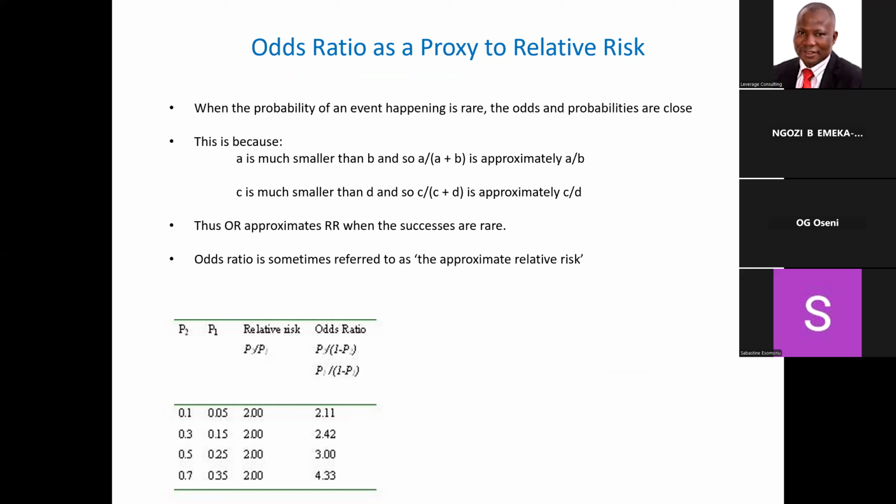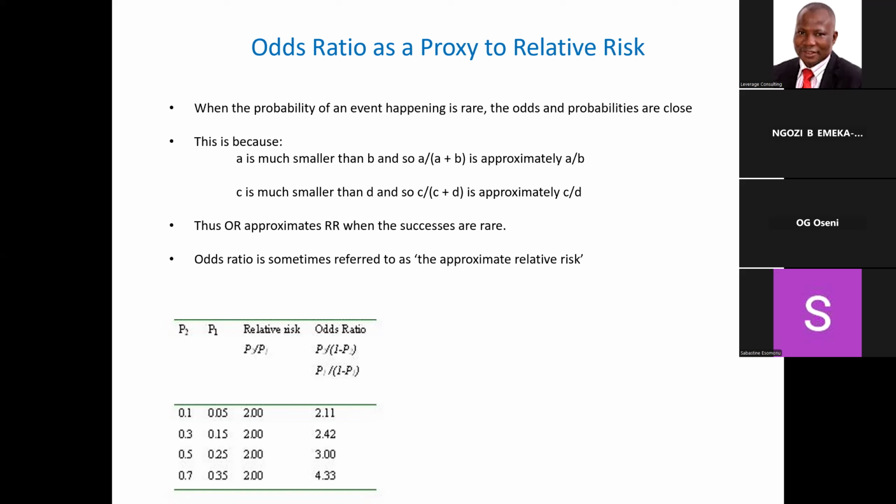When the probability of an event, we already talked about probability, which is risk, I will compare with odds. That was last lecture. When the probability of an event happening is rare, or when the prevalence of a disease is rare, odds and probability are very close.